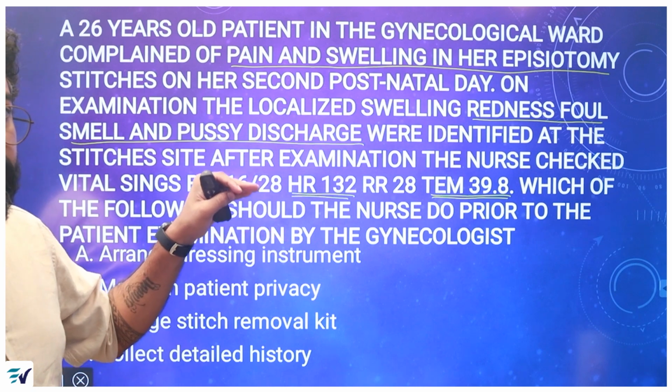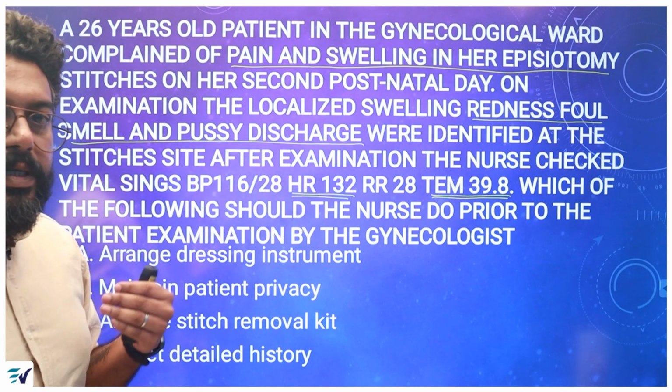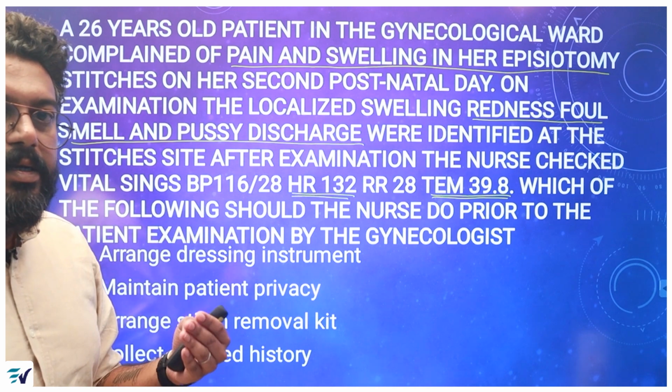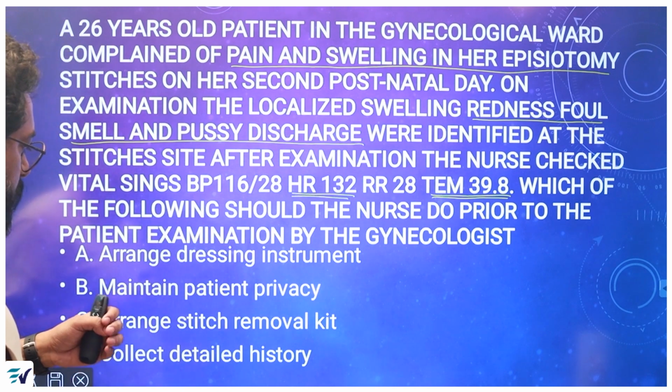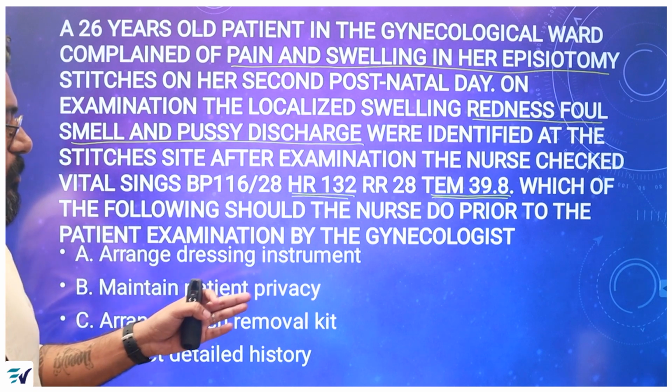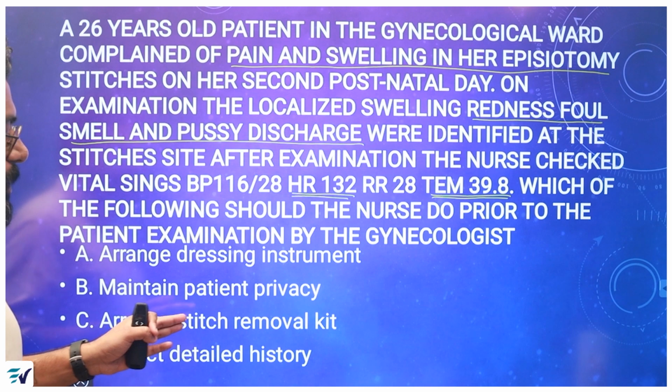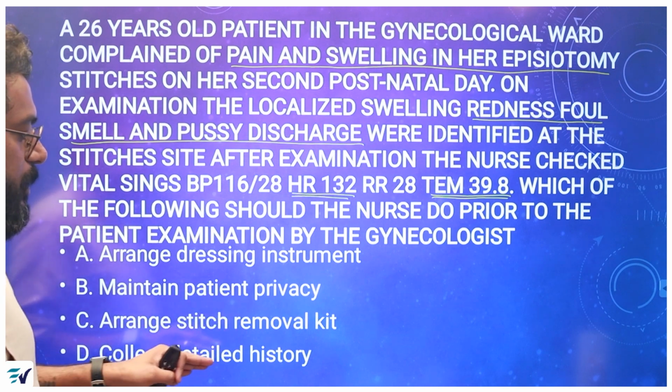So, before the gynecologist comes for examination, the most important thing the nurse should do, let us see what are the options. A, arrange dressing instrument. B, maintain patient privacy. C, arrange stitch removal kit. D, collect detailed history.